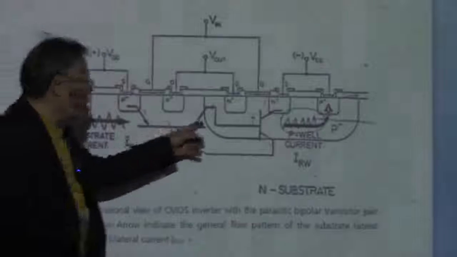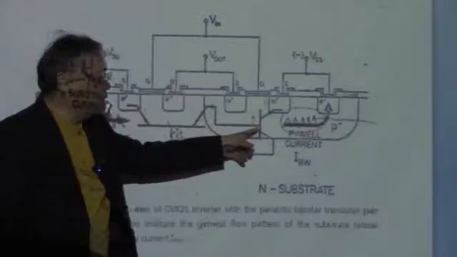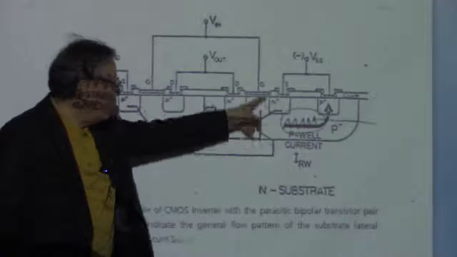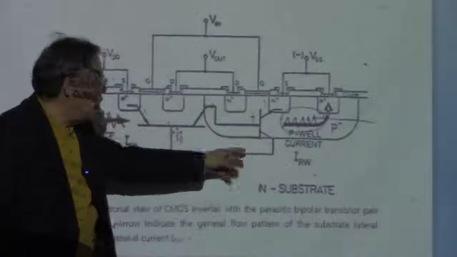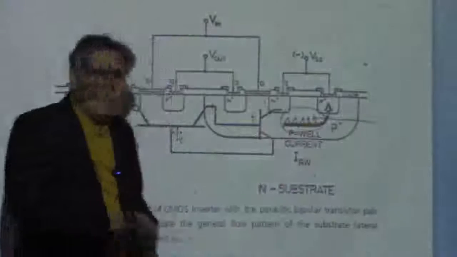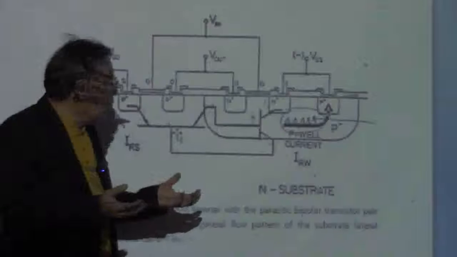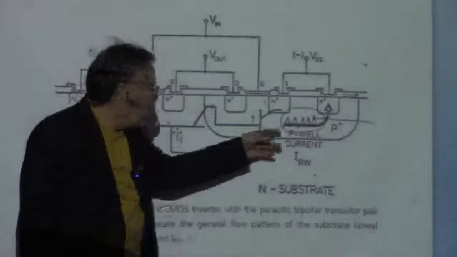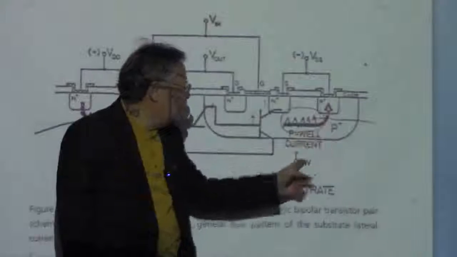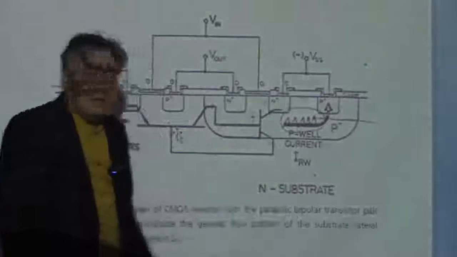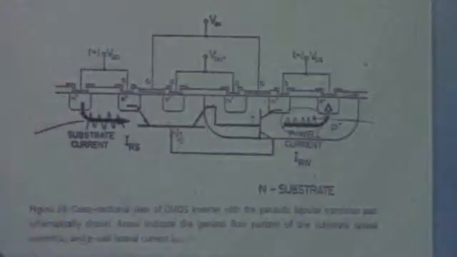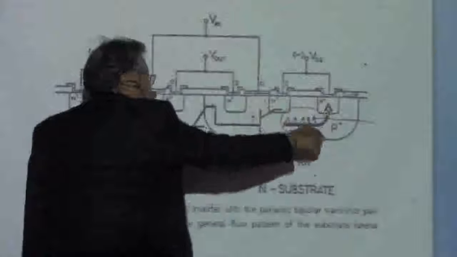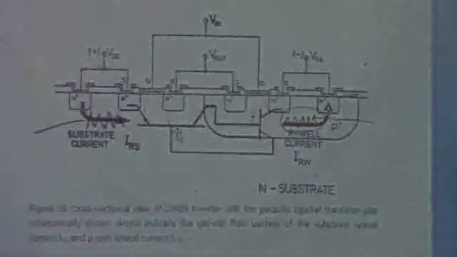And then it's going to work as biasing the base of this vertical transistor, and then there is going to be a tremendous current that can occur, and then going to be collected through this RW to the contact of this NMOS to the P well.